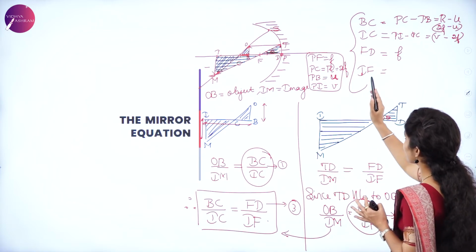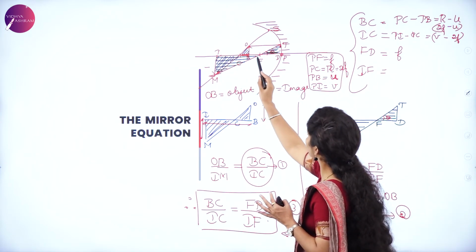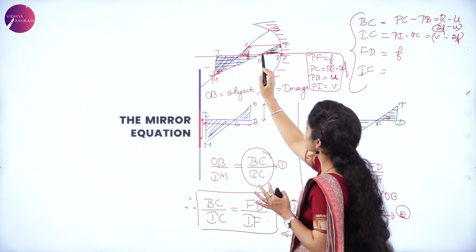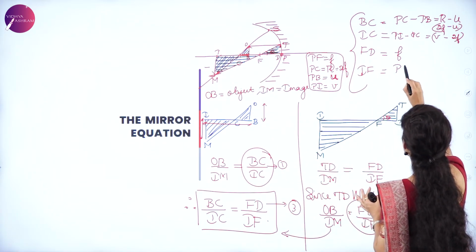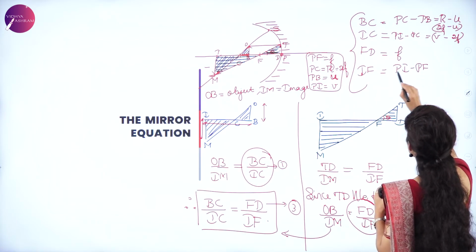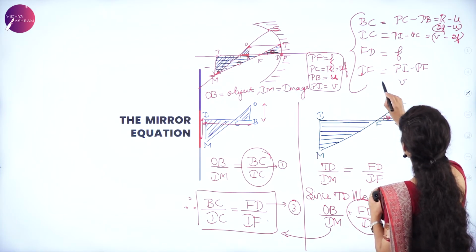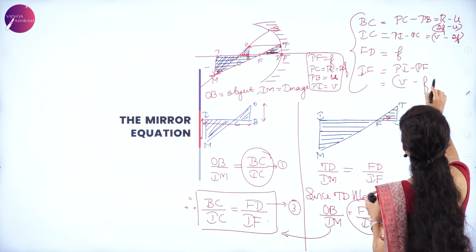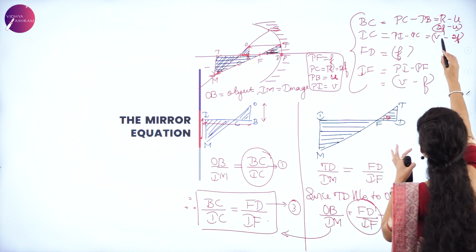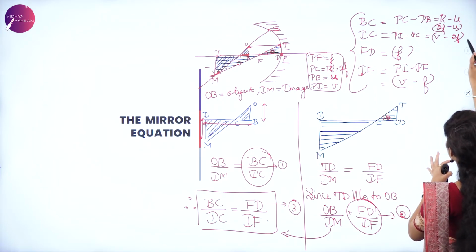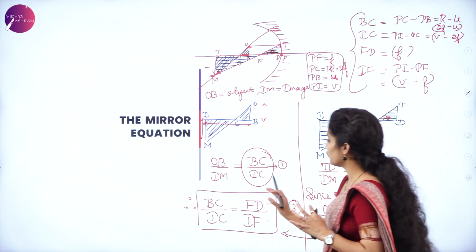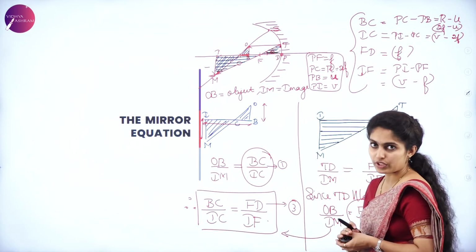Lastly, it is IF. So what is I and F? IF is nothing but PI minus PF. What is PI? It is V. What is PF? It is F. V minus F. And so this 2F minus U, V minus 2F, F, V minus F, all these are the set of equations we have to apply for equation 3.